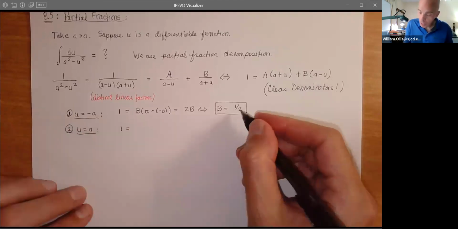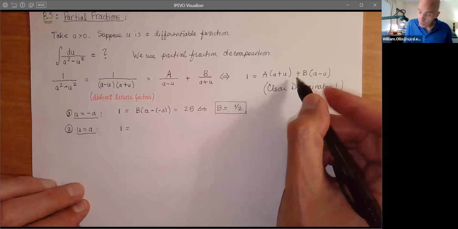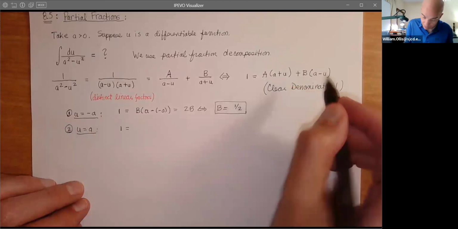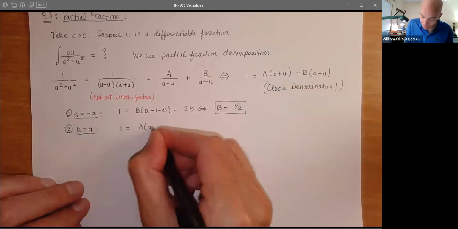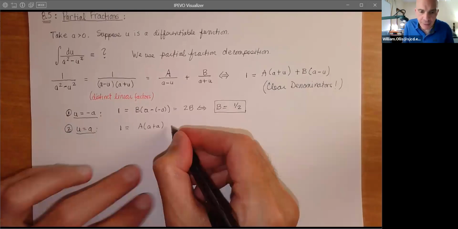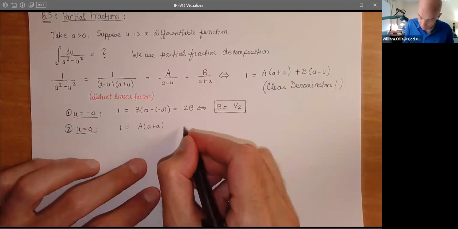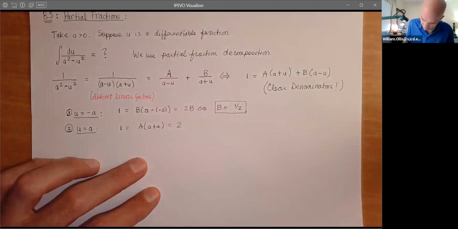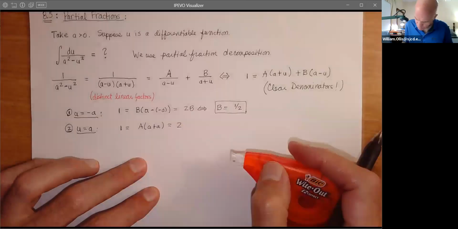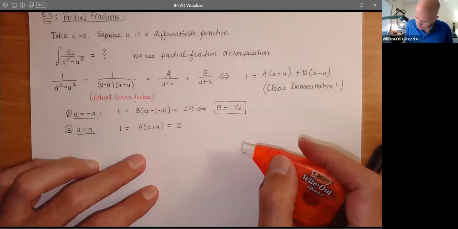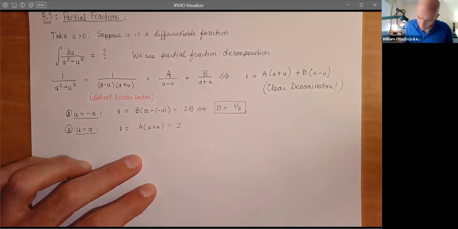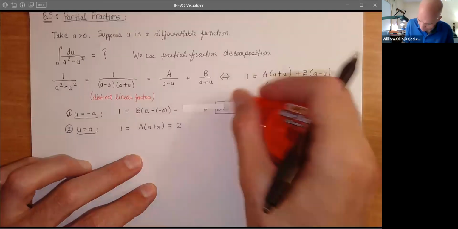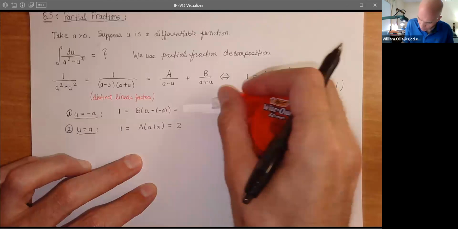And now, here, we're going to have a plus a, which is 2a.